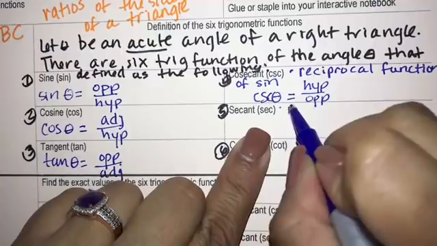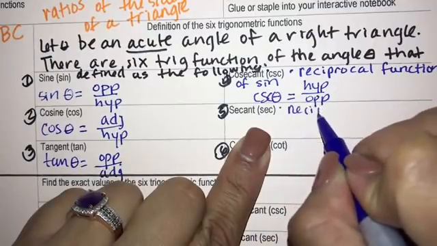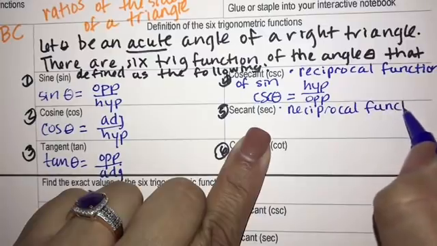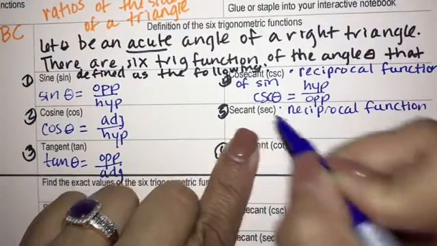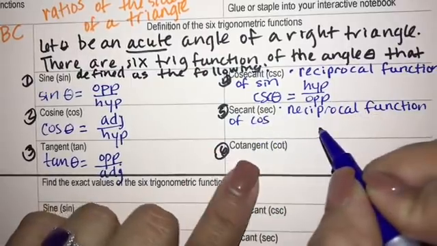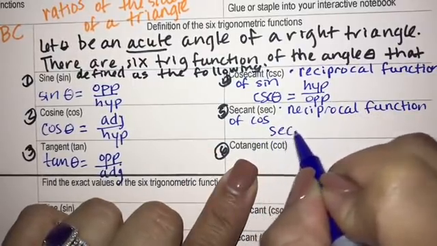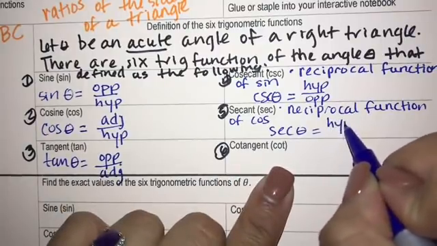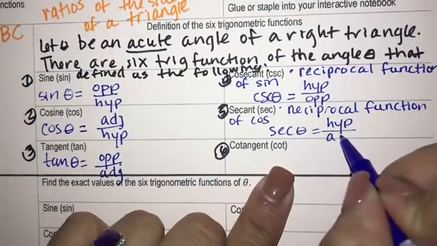Secant is going to be the reciprocal function of cosine, which makes secant theta equivalent to hypotenuse over adjacent.